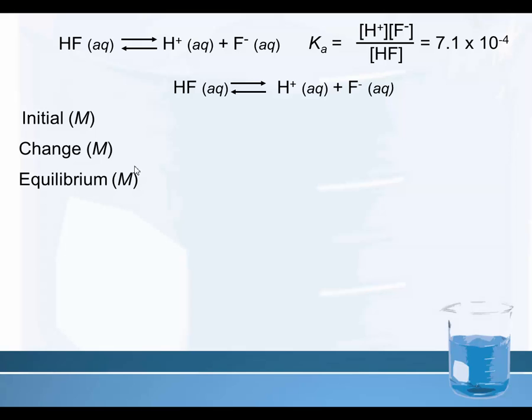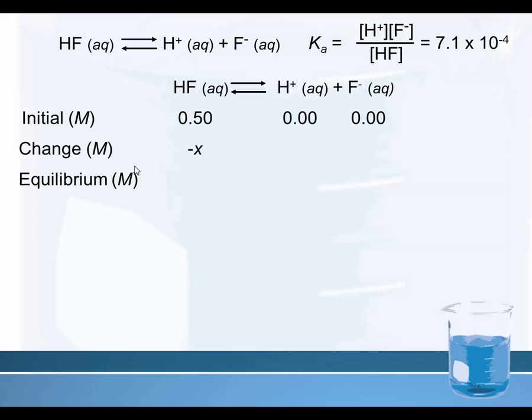All right, then we need to fill stuff in. So I'm going to fill in an initial concentration of HF of 0.5 because the problem said we had 0.5 molar hydrofluoric acid. Okay. We will start out our ice table with no hydrogen ion and no fluoride ion.